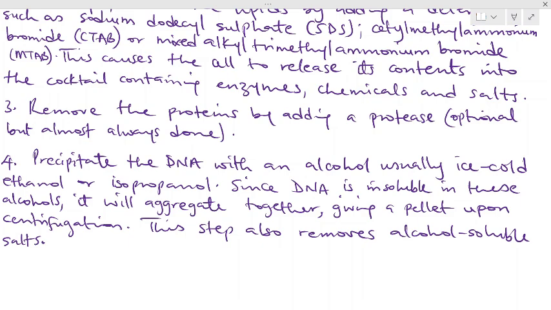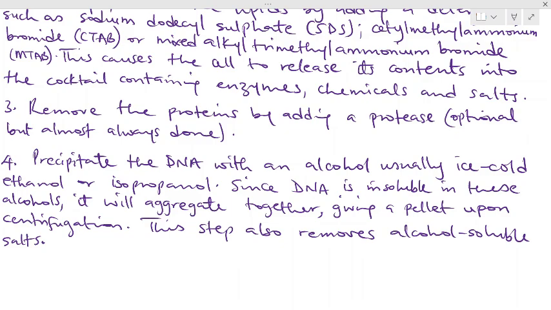RNAs are normally removed using RNA degrading enzymes called RNase A. Polysaccharide contaminants are, however, more difficult to remove. So your common salt, sodium chloride, together with your CTAB, is known to remove polysaccharides. So these are other components that these refining steps help us to remove.